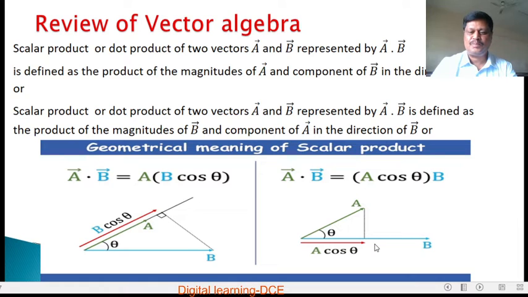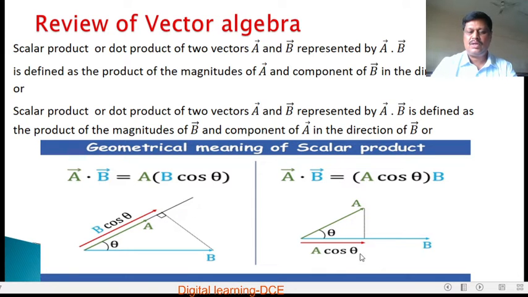Similarly, the component of A along B is A cos theta. So A dot B is equal to A cos theta into B.